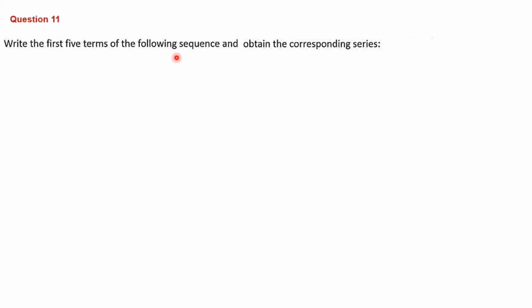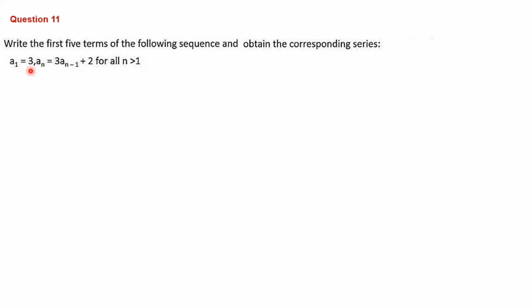Question number 11. Write the first 5 terms of the following sequence and obtain the corresponding series. Sequence we have to form and we have to write down the corresponding series. a1 is equal to 3, a_n is equal to 3 into a_(n minus 1) plus 2 for all n greater than 1. So here a1 is 3, then I'll form a_n is equal to 3a_(n minus 1) plus 2.